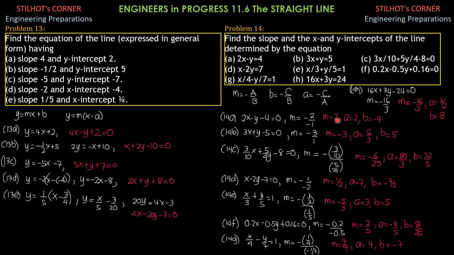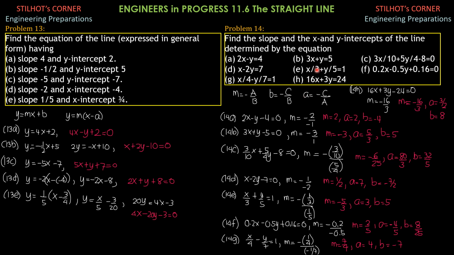The x-intercept is negative of negative 4, so positive 4 divided by coefficient of x, 2, so it is 4 over 2, so 2 is the x-intercept. For the y-intercept, negative of negative 4, so positive 4 over negative 1, so it is negative 4.